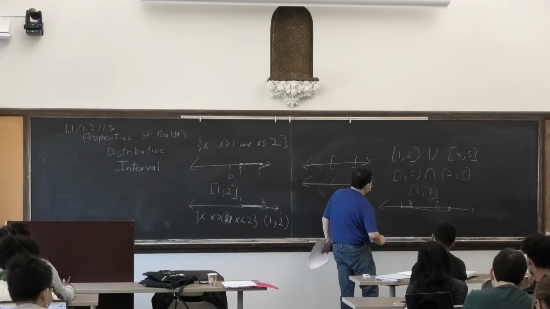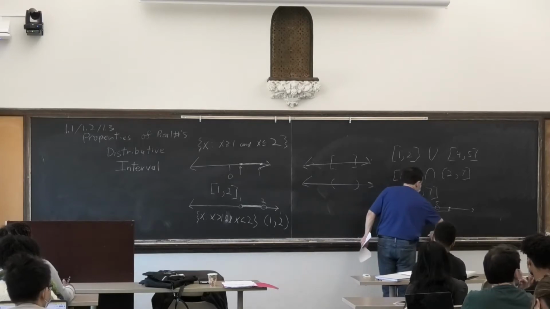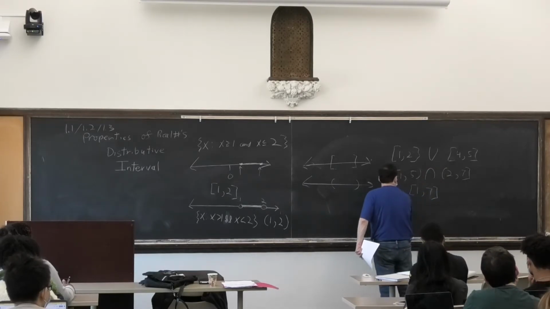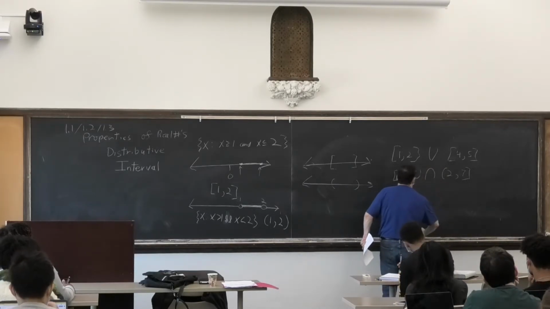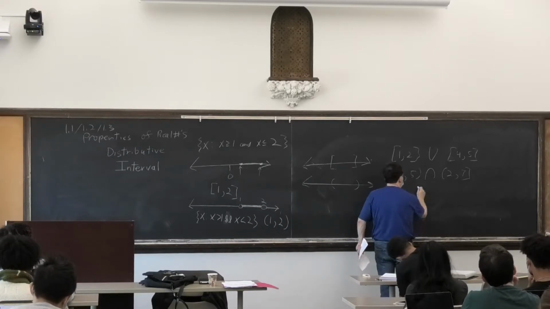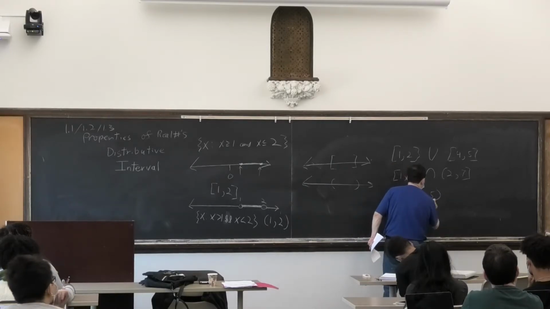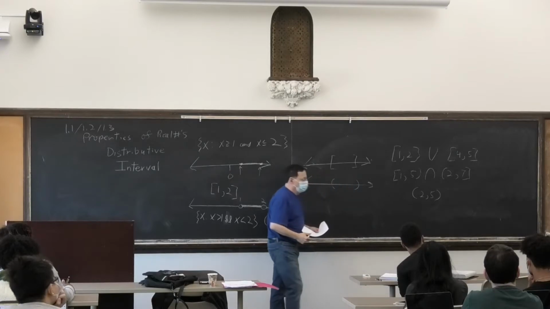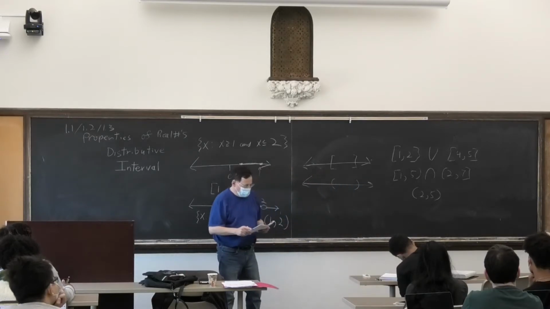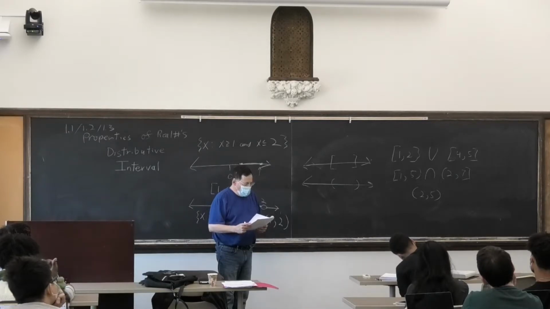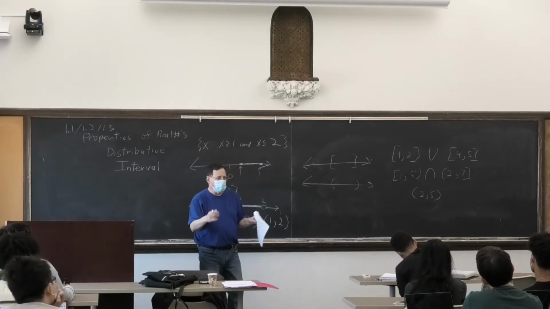Intersection. Intersection. No. That's not right. That just goes from 2 to 5. Okay. That'll teach me to try and do stuff on the fly. All right. One more kind of disconnected.